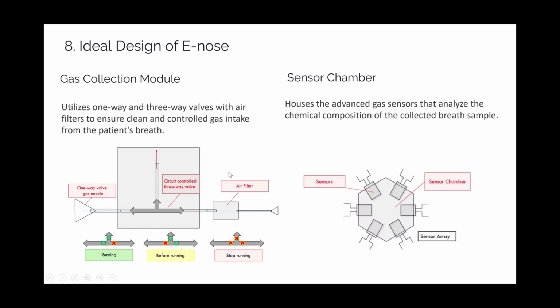The advanced design includes a gas collection unit with a replaceable single-use mouthpiece and gas filter, and a controllable one-way valve for safe and efficient gas collection. A sensor chamber with 6 highly sensitive MOS sensors is configured as an array to detect various VOC gases.